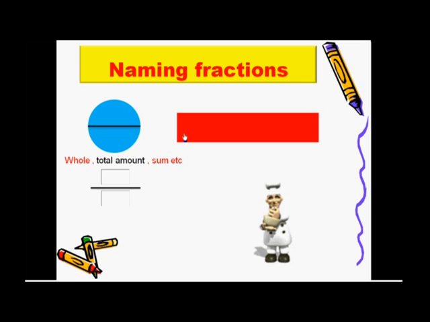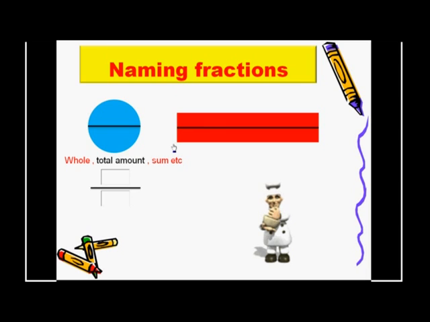Alright, now pay close attention to what we're going to be doing with these shapes. Question: what did I just do a while ago? Yes, I divided the circle into two. Did I do the same thing for the rectangle? Yes, I did. I divided the rectangle into two.